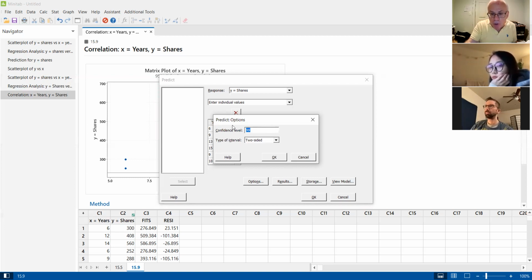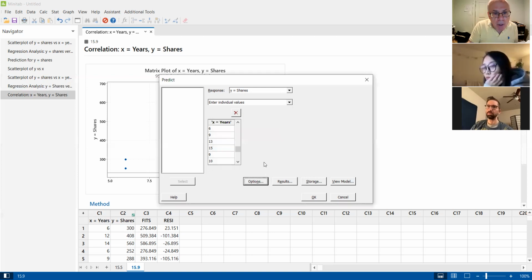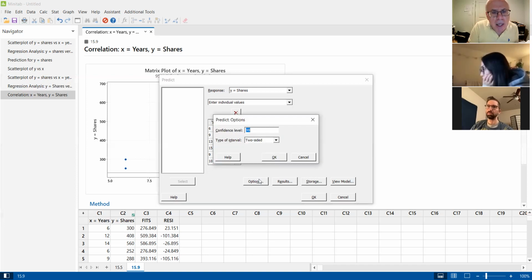It will be defaulted to 0.95. Actually, let's go out of it. Let me see something here. Let's go back. It actually doesn't have a dot next to it, does it? It looks like you can put in the full percent. Again, this is very crazy.